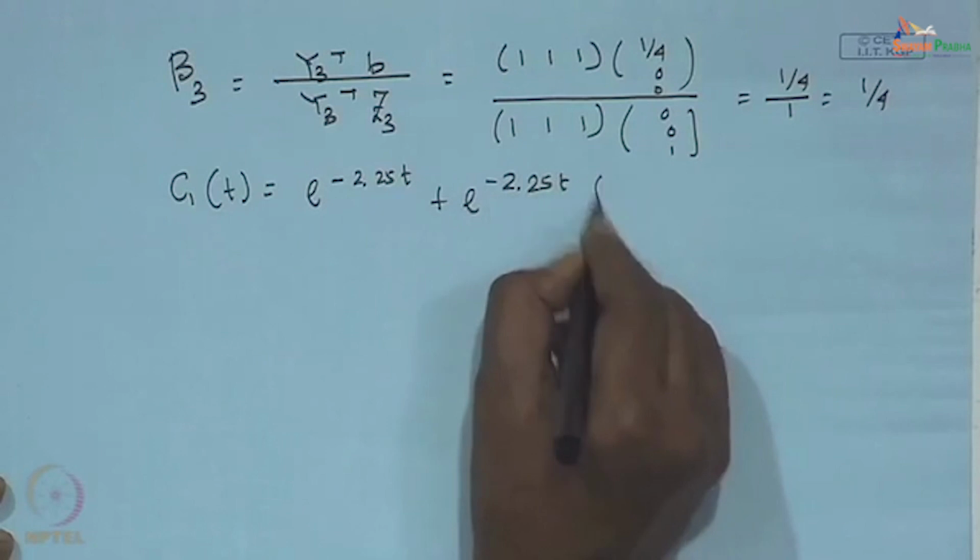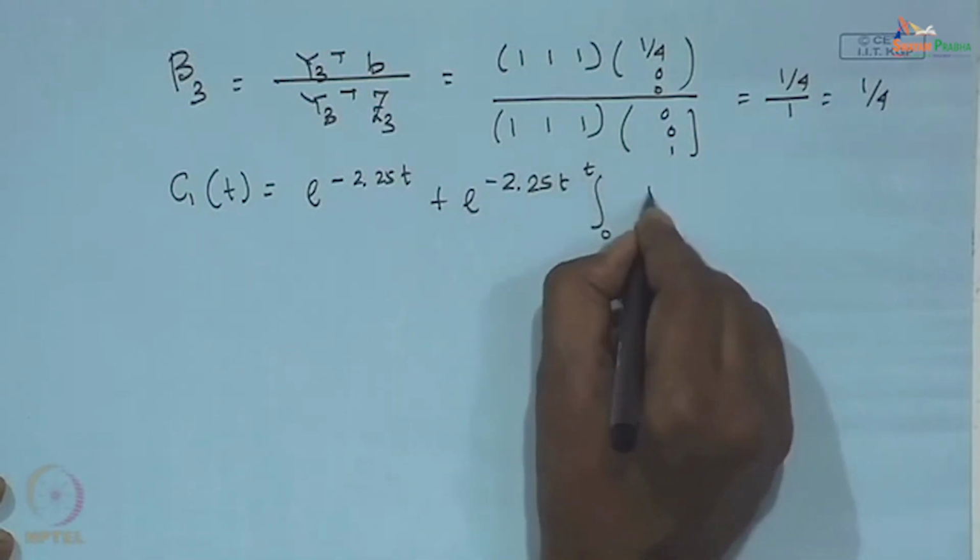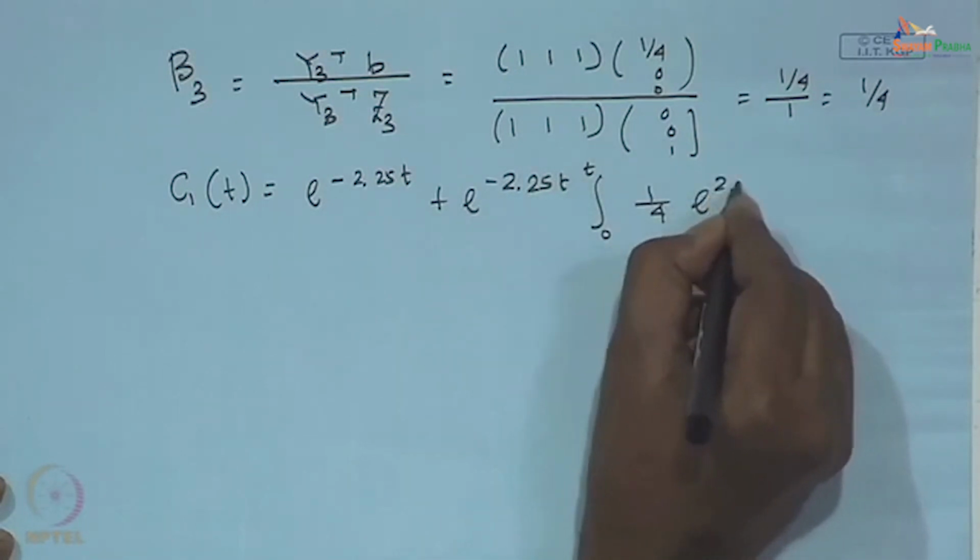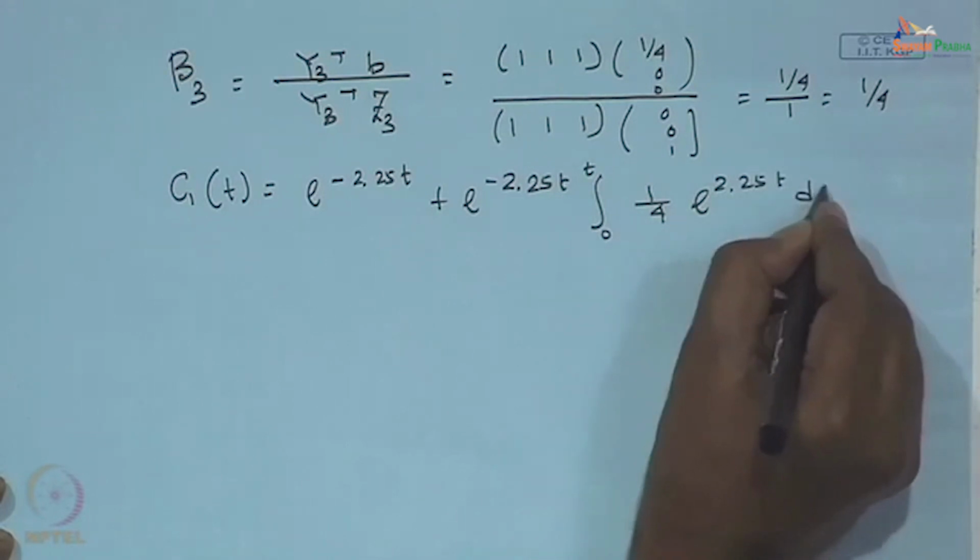If we look into the solution, this becomes the integral from 0 to t of 1 by 4 e to the power 2.25 t dt.